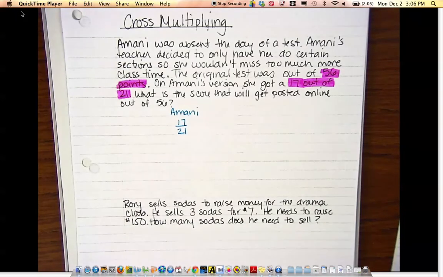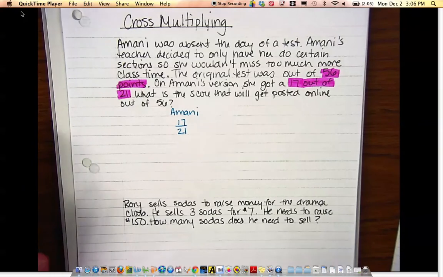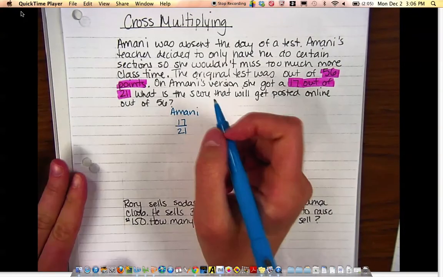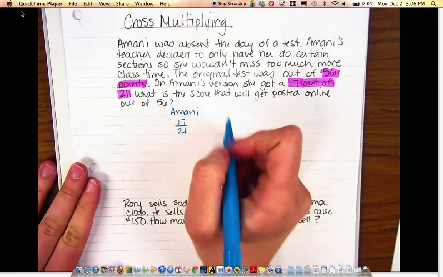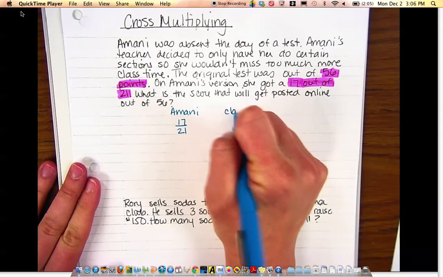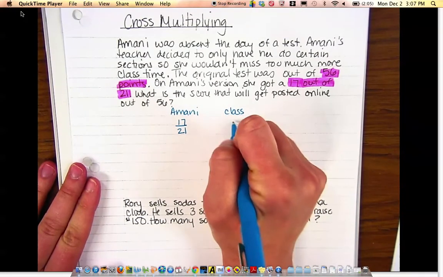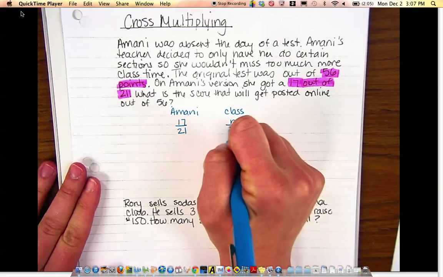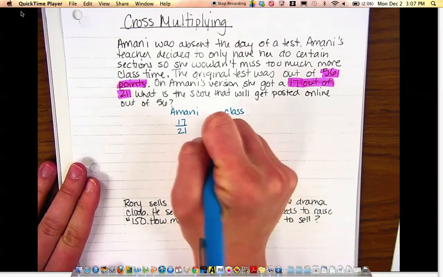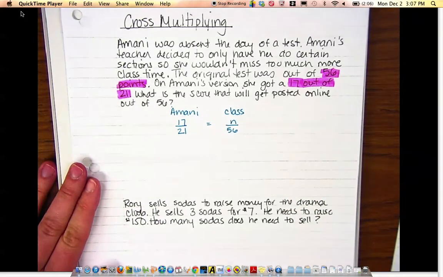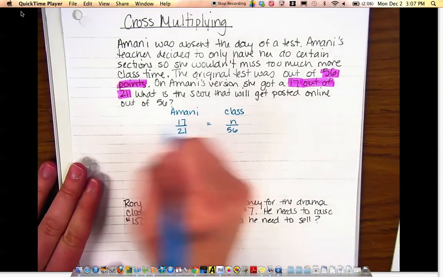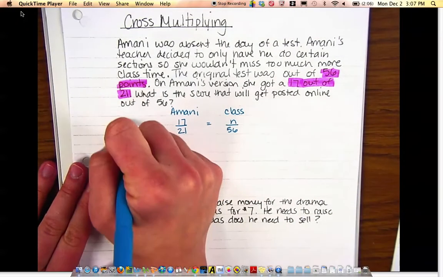The next one I'm going to write is we're looking at how her score compares to the class score. So for that, the class, we don't know how many points she got out of the 56 that the assessment was supposed to be out of. So this top line is going to be her score.